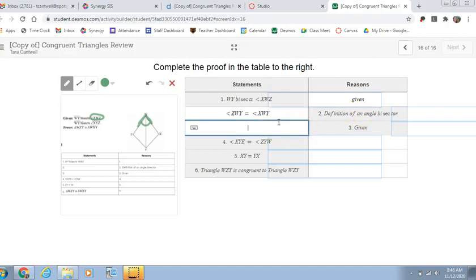Our third, we know the reason is given, so we're just going to take the other part of our given, which is WY bisects angle XYZ. And what that means for us is that, I'm going to change colors again. Angle XYZ is the one down here at the bottom. So that means the bottom angles are being split into two equal parts. So these are congruent.